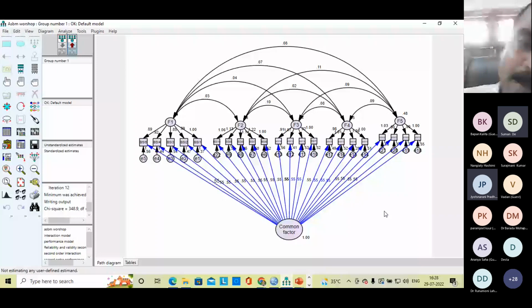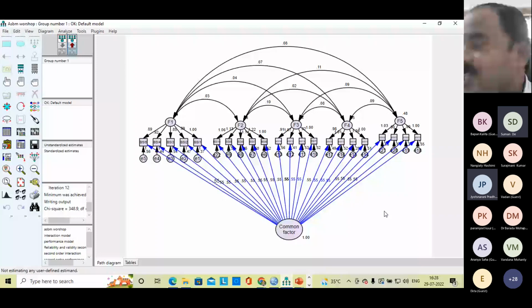So 0.55 squared will be, I think, 0.30 something. 0.3025.